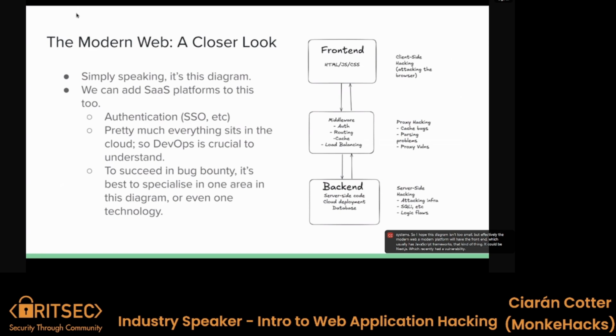There's middleware, which tends to handle things like routing, cache of resources like images, load balancing for distributing the workloads, and sometimes even authentication, for example, limiting access to certain kinds of servers. And then, of course, at the very end is the backend, which contains all the logic, the code, often the cloud deployment, and the database. So this is largely what the modern web stack is.